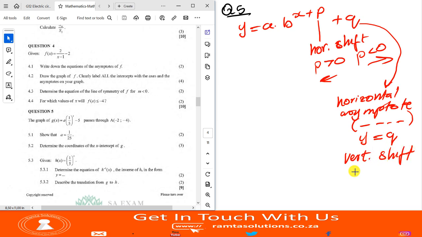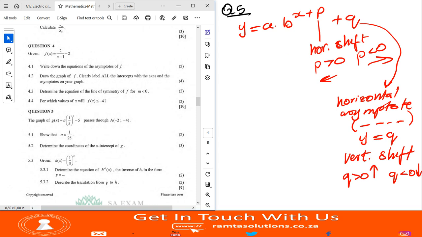So what does that mean for us? This means when q is positive, the function shifts up. When q is negative, the function shifts down. Now I'm going to give you a summary of your exponential graphs.